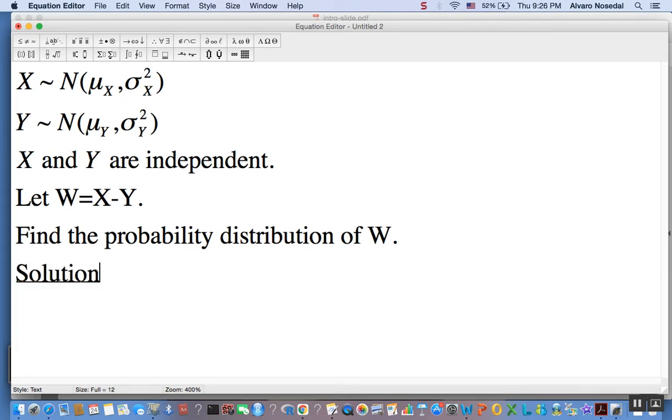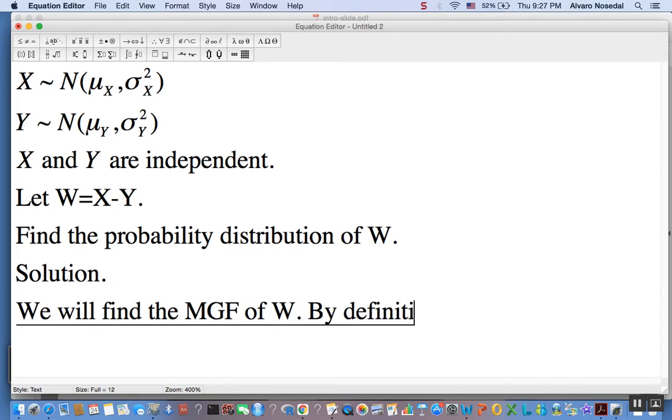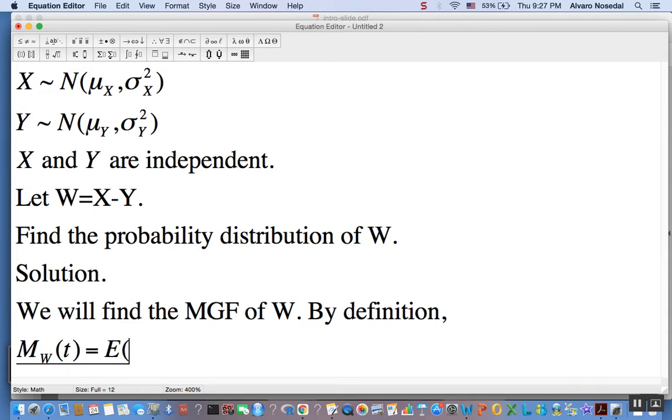So, solution. Let's find the MGF. By definition, the moment generating function of W, let me use the notation M sub W evaluated at t, is just an expected value, the expected value of e to the power Wt.